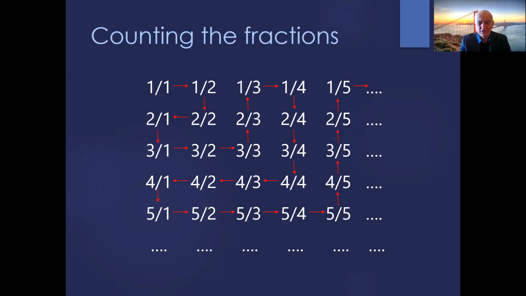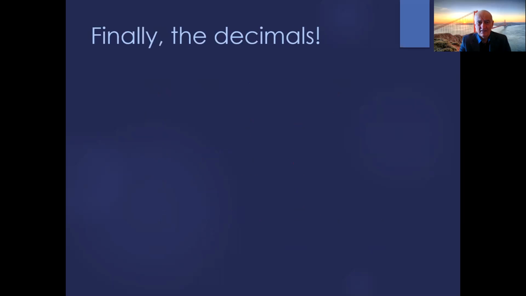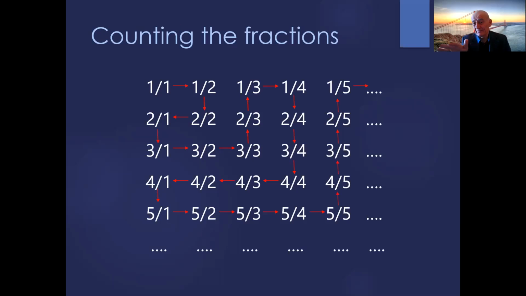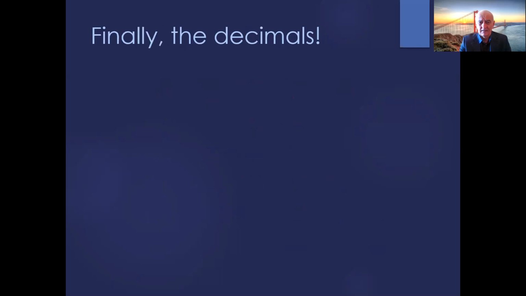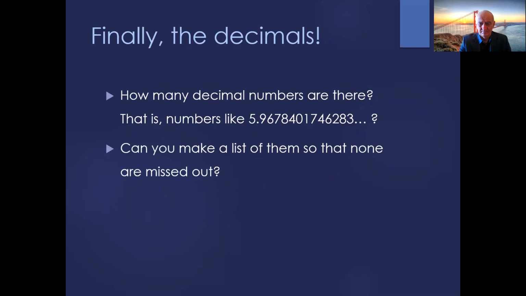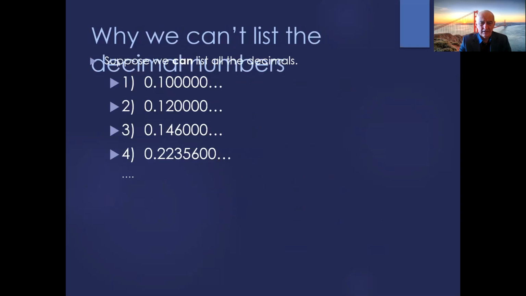And this correspondence looks like this. So we can say that the cardinality of rational numbers is the same as the cardinality of natural numbers. Or in other words, we can't say that rational numbers are more than natural numbers.